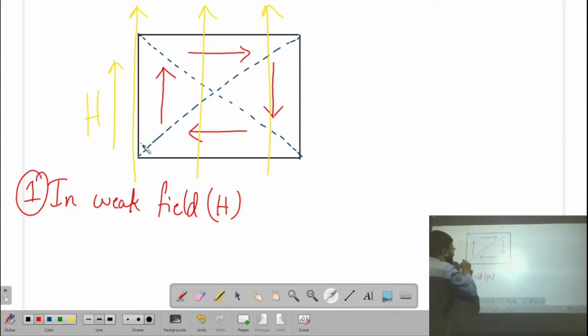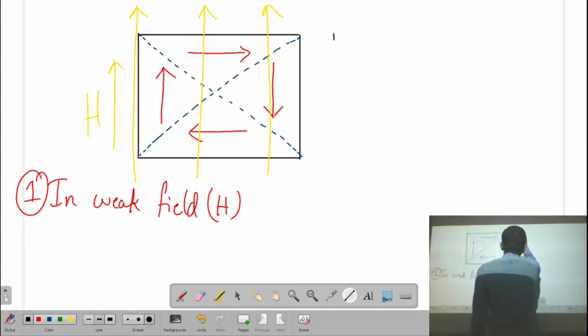Any one of the domains will try to increase its area.